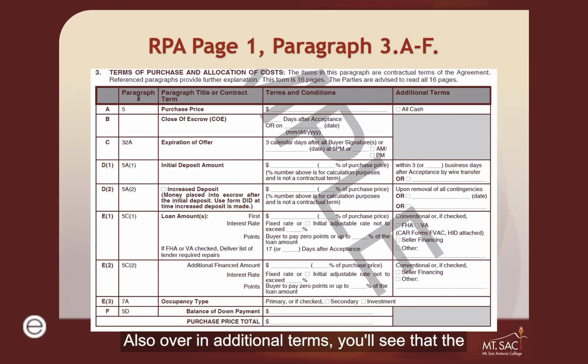All right. Also, over in additional terms, you'll see that the HVAC form and the HID form will automatically attach if you're going with a government loan. So if you check FHA or VA in column 5, then it's automatically going to attach that FVAC form and the HID form. What are those forms?